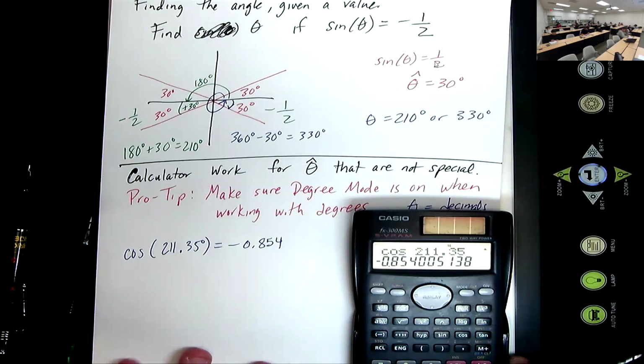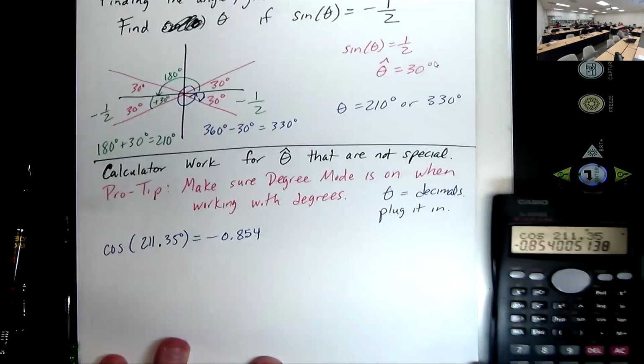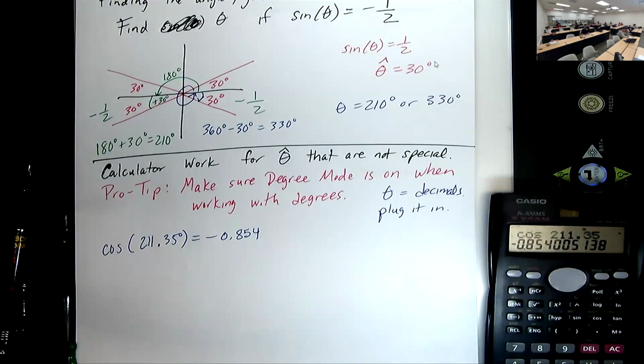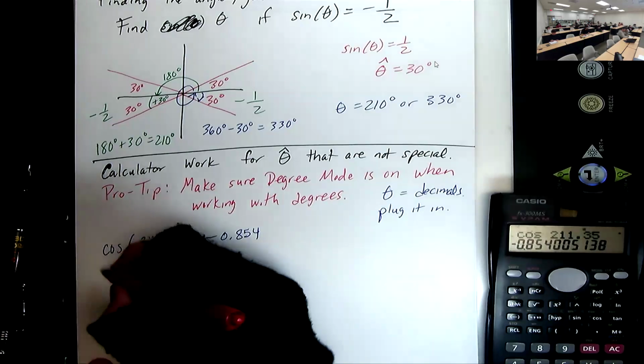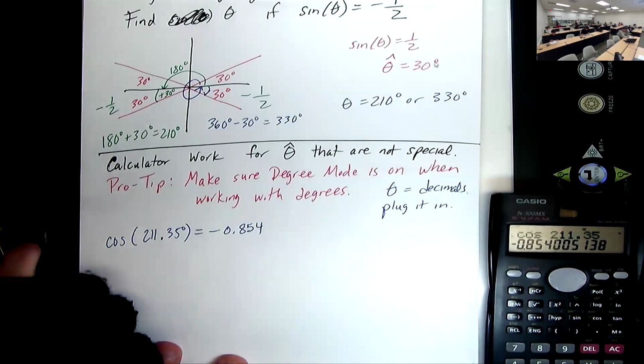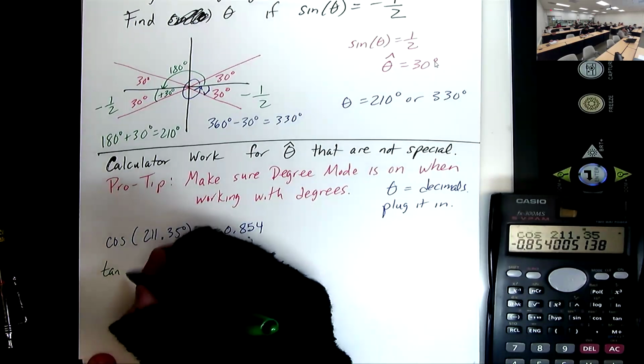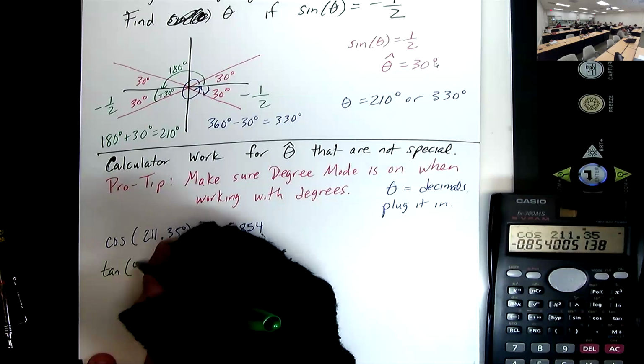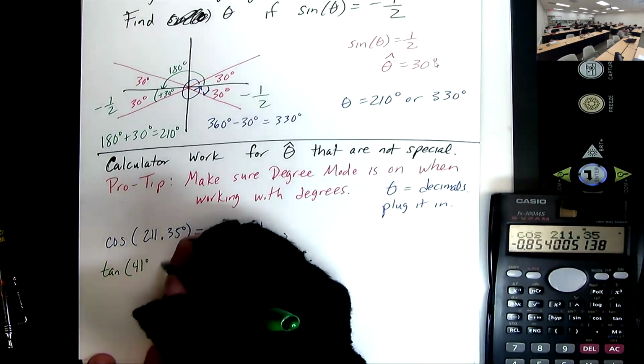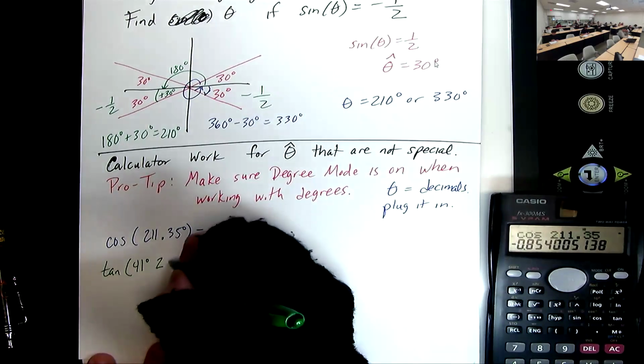Where it gets a little shitty is, and you knew this was going to happen, degrees, minutes, seconds. Let's say we had, I don't know, tangent of 41 degrees 21 minutes.